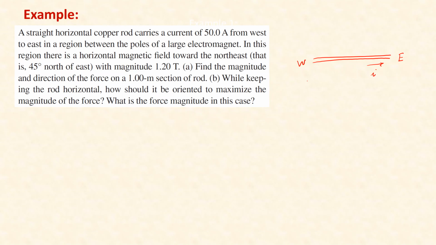So the magnetic field is this way, right? At 45 degrees. So this is B, with the magnitude of 1.2 Tesla.